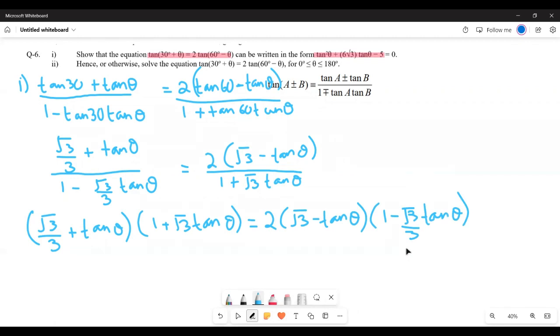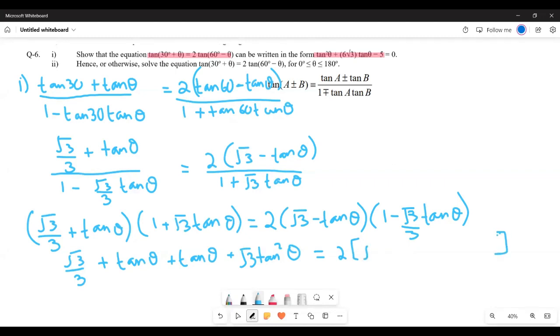So expand the first set of brackets: square root of 3 upon 3 plus square root of 3 times square root of 3 would be 3 upon 3, would be 1. So plus tan theta plus another tan theta and plus square root of 3 tan square theta equals, let's just isolate the 2 for now, ignore 2 for now, and under root 3 minus, again under root 3 times under root 3 is 3, and then 3 divided by 3 is 1.